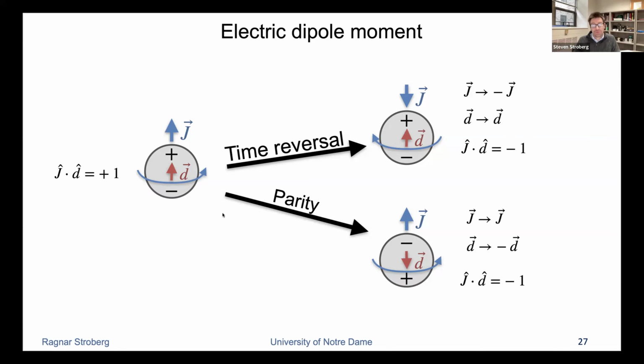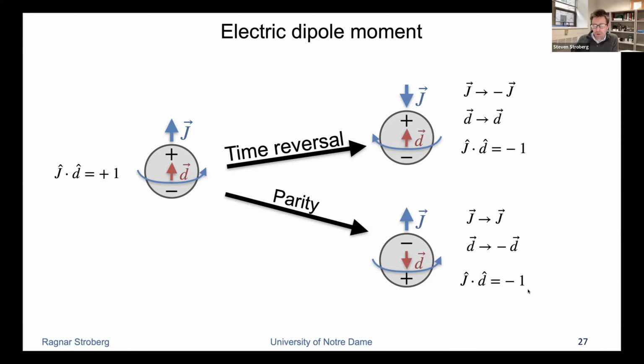It is also parity breaking, because you can imagine taking parity means taking x, y, and z to minus x, minus y and minus z. It's a spatial inversion. Under parity, J goes to J. It doesn't change because angular momentum is a pseudovector. D, the dipole moment, goes to minus D because it's a vector, so it points in the opposite direction.